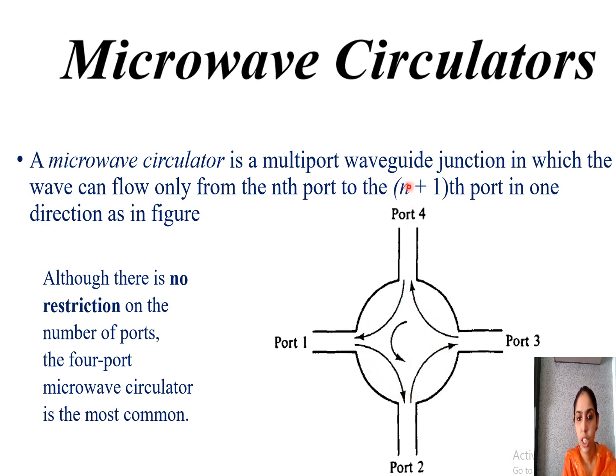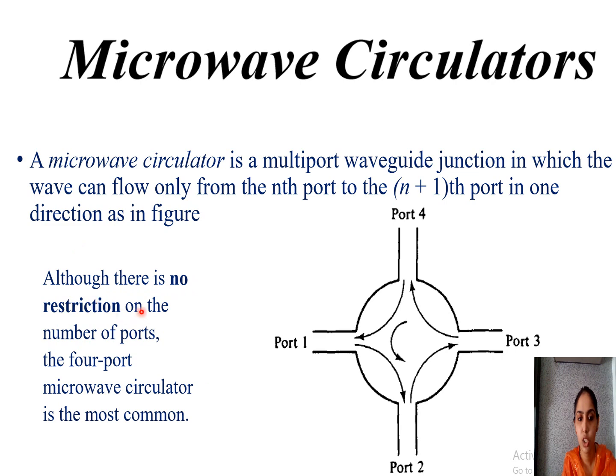If we give the input at port 4, it can go only to port 1. It cannot go back, and again from port 1 it goes to port 2, from port 2 to port 3, etc. So it goes in a circular manner only in one particular direction. That is why it is written nth port to n plus 1th port in one direction.